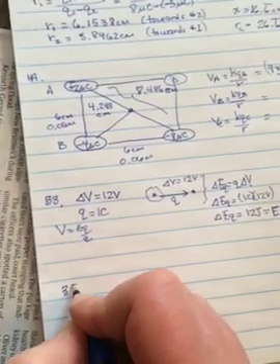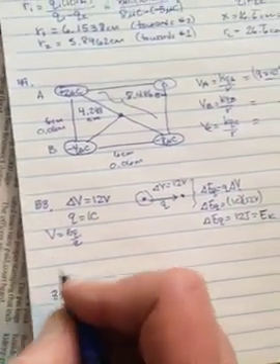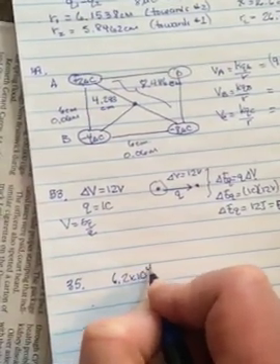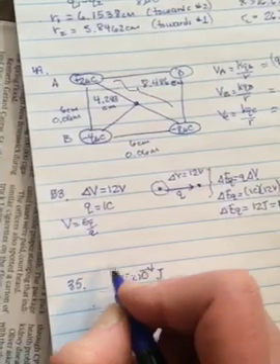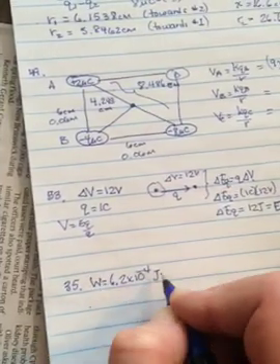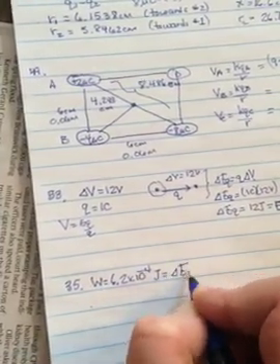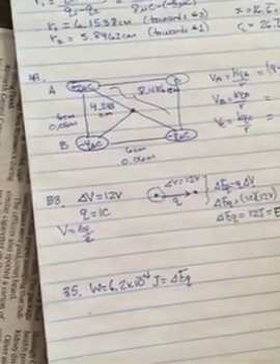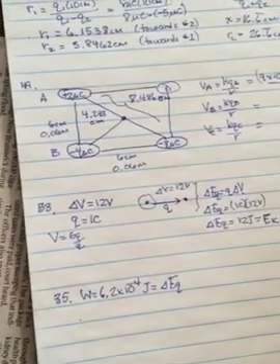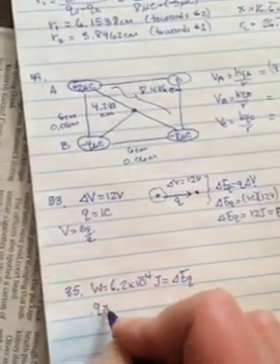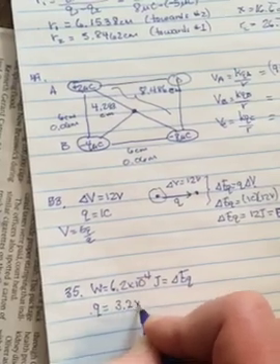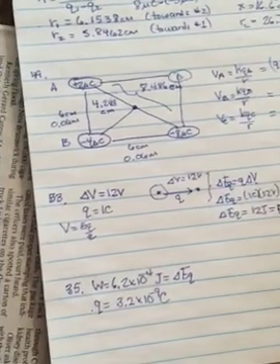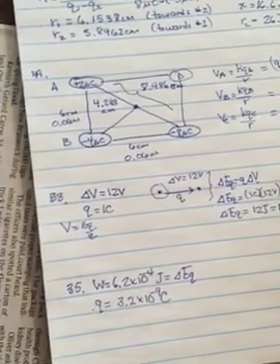Number 35 was the next one. Number 35 says if 6.2 times 10 to the negative fourth joules of work, so work done, and remember work done is equal to change in energy, and in this case it's going to be electric potential, are required to move a charge of 3.2 nanocoulombs, so Q equals 3.2 times 10 to the negative 9 coulombs, from a point B to a point A in an electric field.